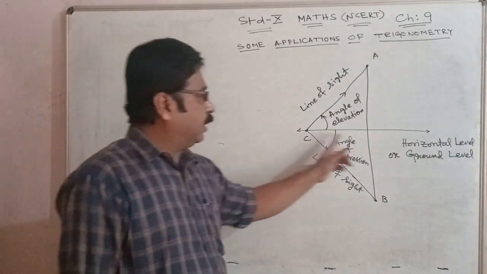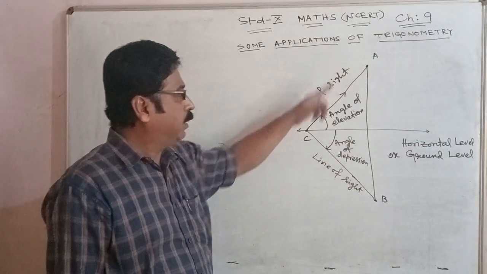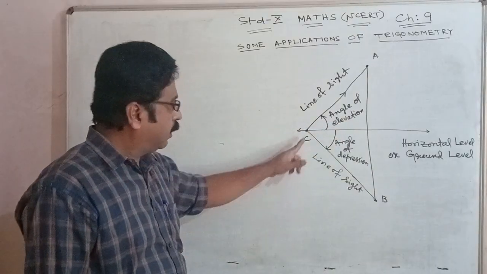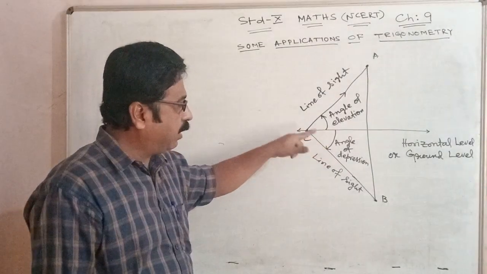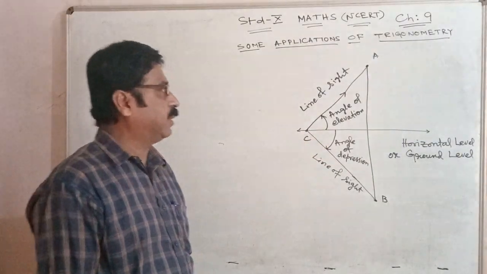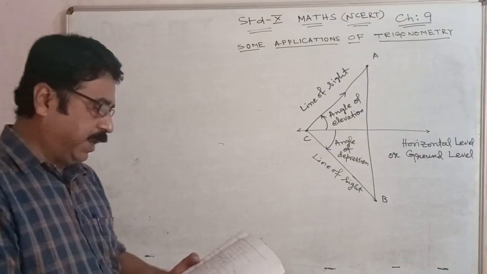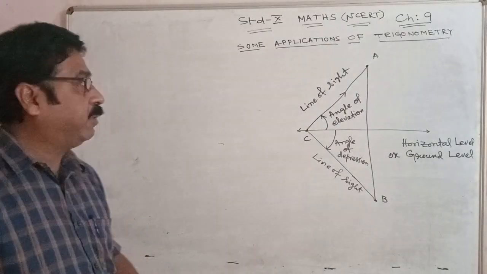So this is ground level, this is line of sight, this angle is called angle of elevation, this is also the line of sight, and this angle is called as angle of depression. Now we can start exercise. Only one exercise is there. Exercise 9.1.